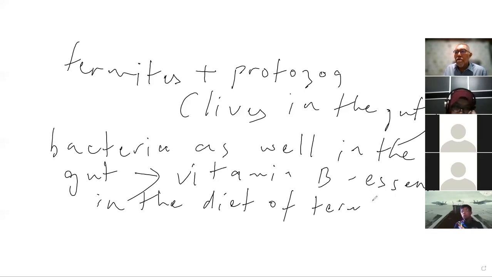Okay. So there are various organisms, different kinds of organisms that live in the gut of the termites. Okay, let's say this is the intestine, which is convoluted.